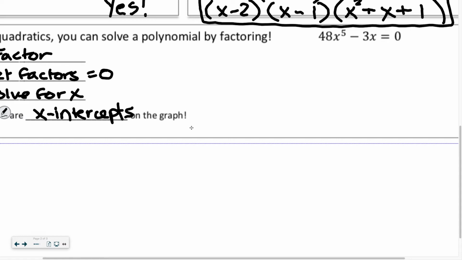Okay, so what do you notice about those two terms? Well, you can take the GCF out of it. Work smarter, not harder. So what do they have in common? 3x. 3 and x. What's left over? 48x to the 5th divided by 3x. 16x to the 4th.